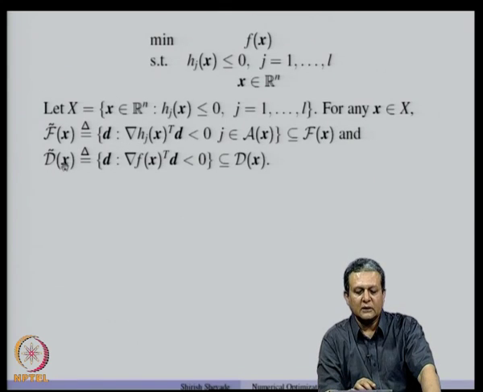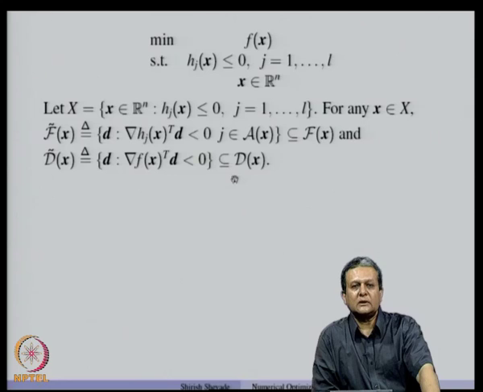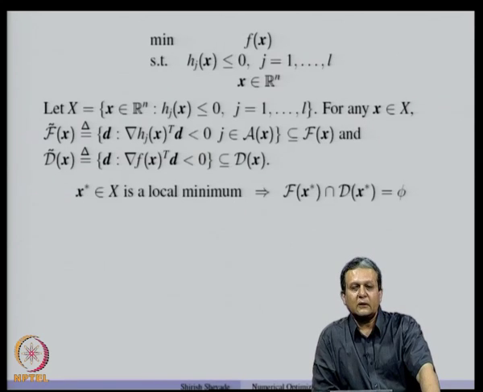Similarly, d tilde x we defined to be the set of all directions d which make an obtuse angle with gradient f x, and that is a subset of the set of descent directions, and this gives us an important result.